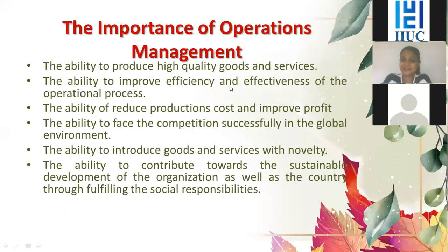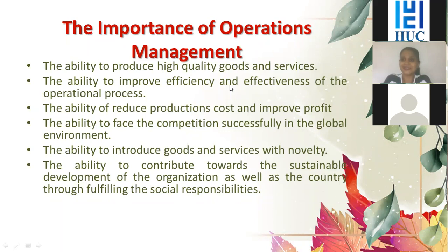we have the ability to produce high quality goods and services. When we have good management of the production process, our goods and services are of high quality. We will talk about what quality is later. We can also improve the efficiency and effectiveness of the operational process.